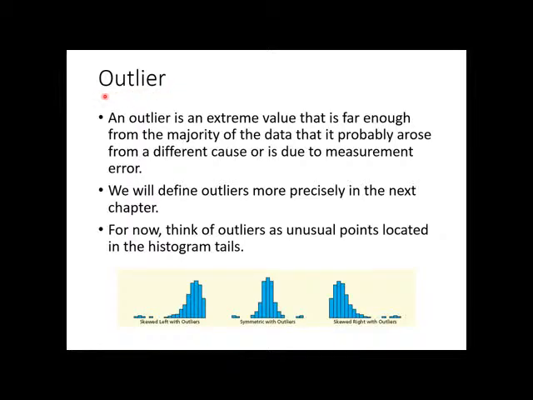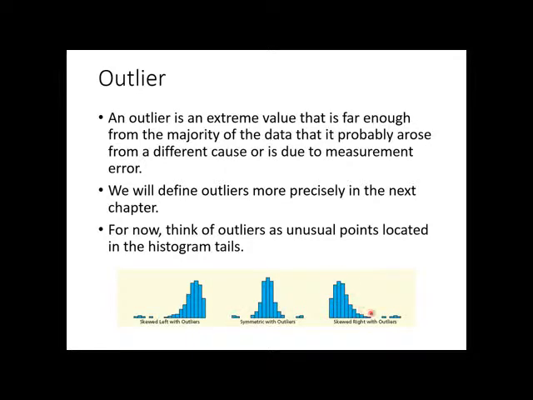We will study a more accurate definition of outlier in the next chapter. So if you have a histogram like that, then these isolated data are called outliers. If you have this shape, then these two are outliers.